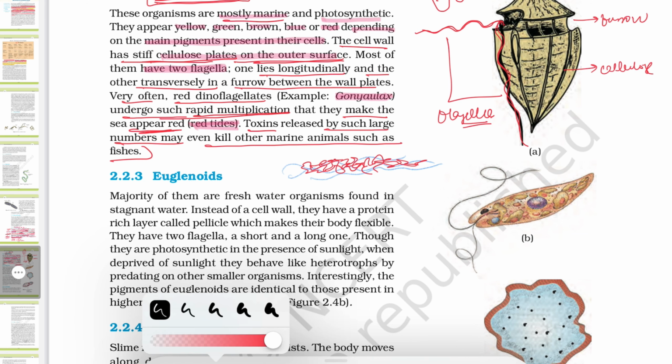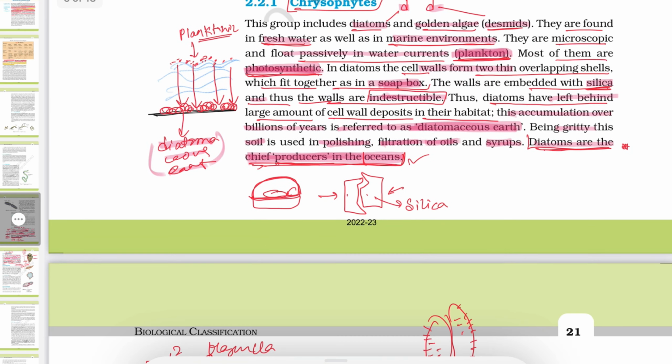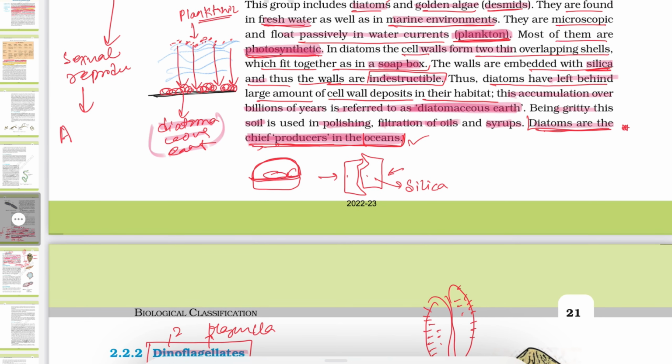Now one important thing to note, and this is an extra point, is that chrysophytes undergo sexual reproduction with the help of a spore, meaning they produce a spore. That spore is called an auxospore. The chrysophytes perform sexual reproduction by forming auxospores. This is important.